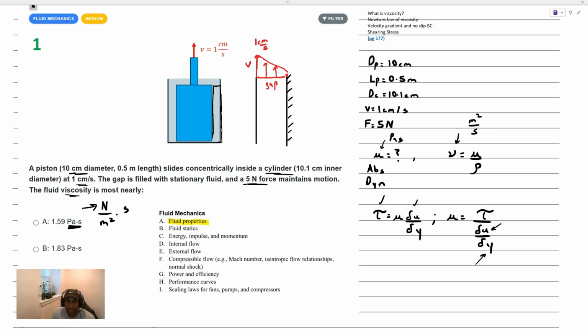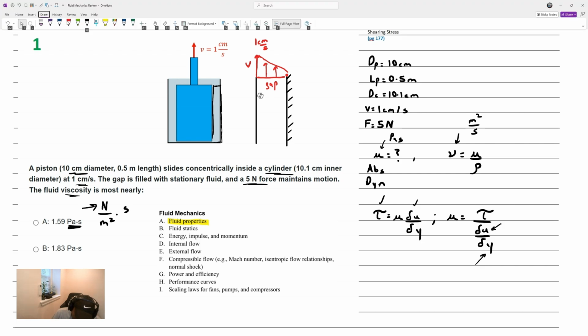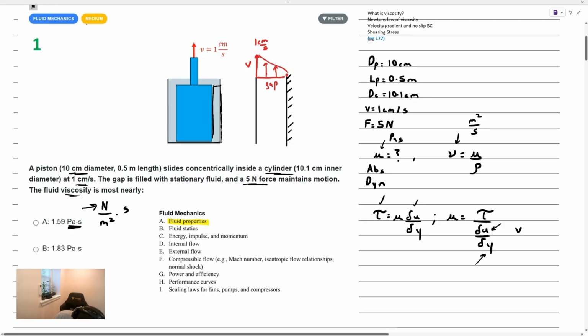Now, if we fill in what the du dy, the velocity gradient, is, we can fill it in over here. The change in the speed over the gap is just the entire speed, v, divided by the gap. Now, what is the gap?